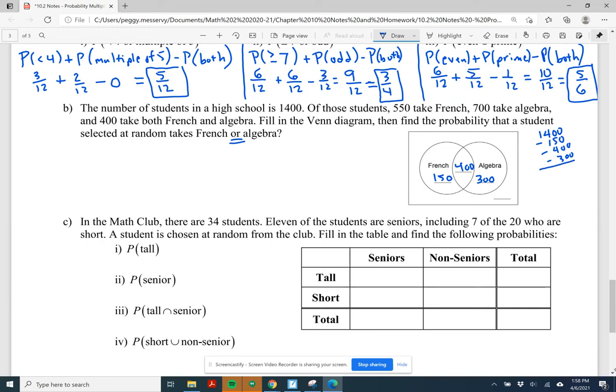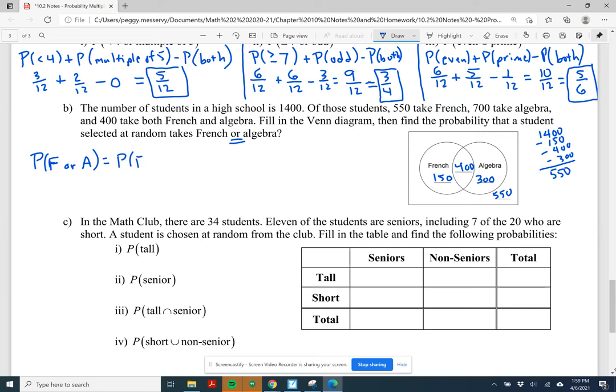So if we subtract, what do we get there? 550. Okay. Now, we need to find the probability that a student takes French or algebra. Can I just use F for French and A for algebra? Probability of French or algebra. That's an or, so we can use the addition property.